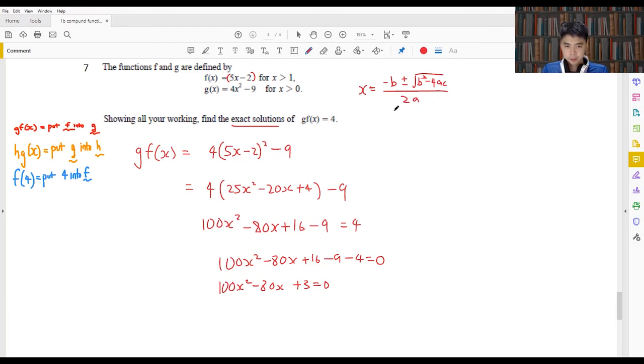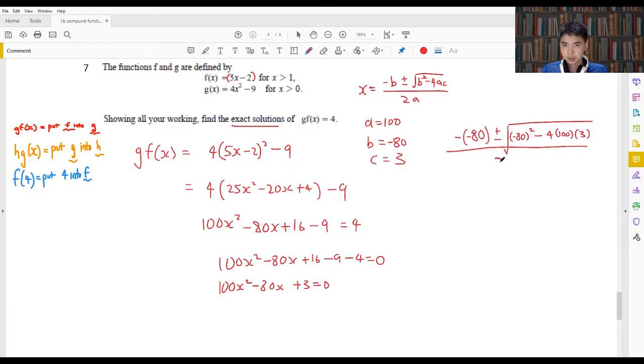Okay. Identifying our a, b, c, a is actually equals to 100. That's the coefficient of x squared. b is equals to negative 80. This is the coefficient of x. And c is equals to 3. Okay, substitute it into your formula here. You would have gotten negative of negative 80, plus minus the square root of b squared, negative 80 squared, minus 4ac, over 2a.